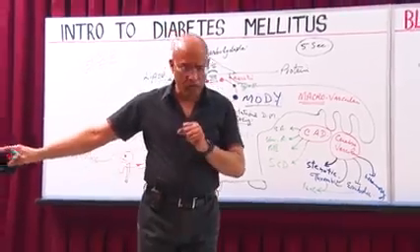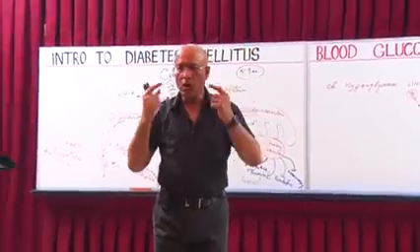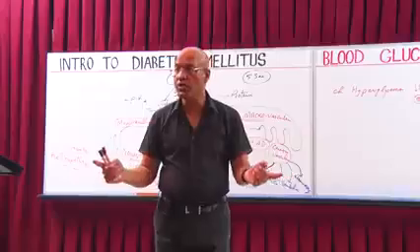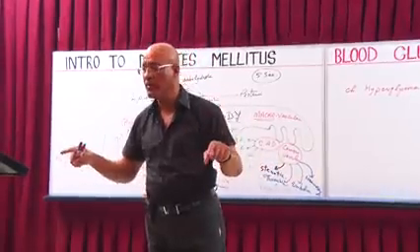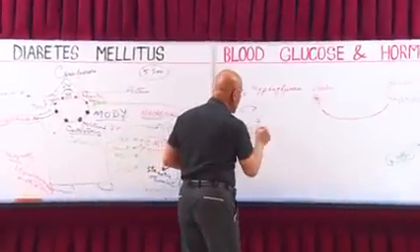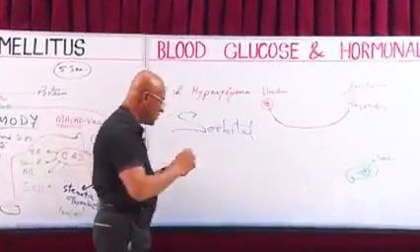One reason is that when hyperglycemia occurs, a lot of glucose enters the lens, and there this glucose is converted into sorbitol. And this sorbitol accumulates in the lens.